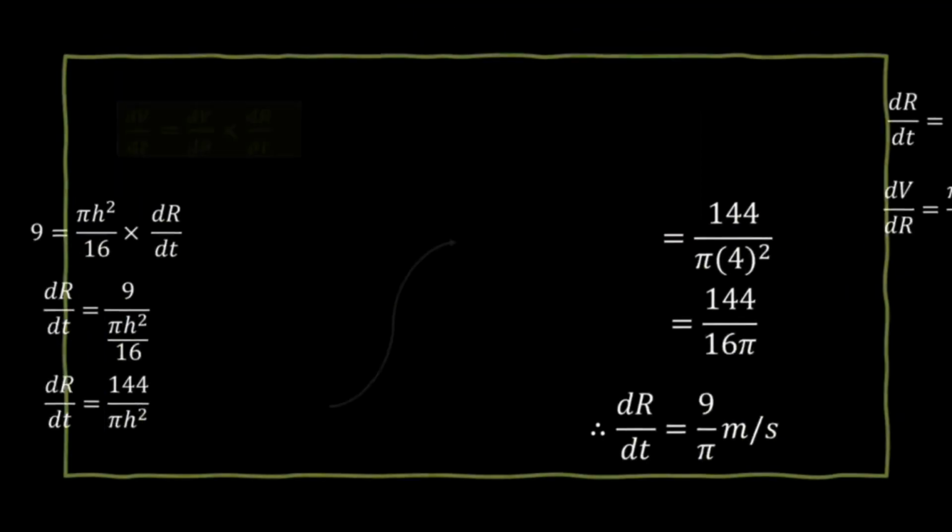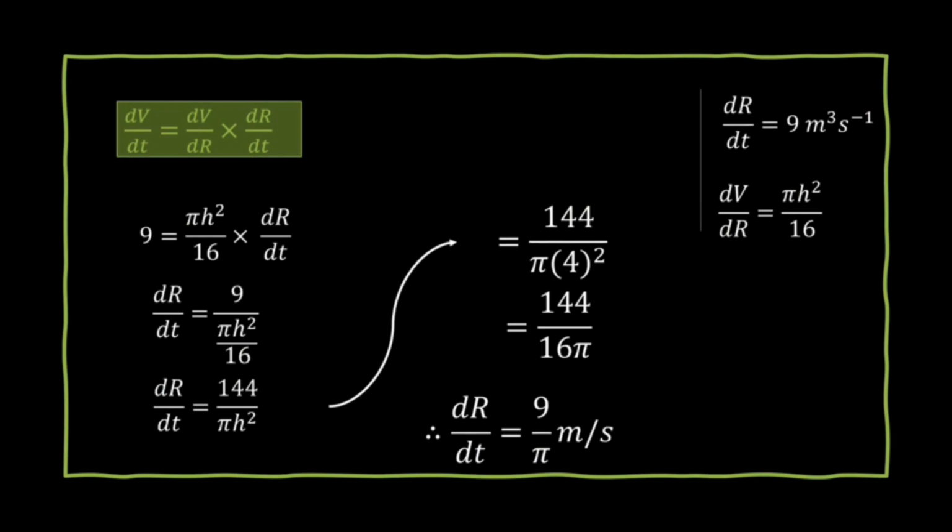Now, using the function dV over dt equals dV over dr multiplied by dr over dt, we can find the rate of water rising level when the water reaches 4 meter deep by searching for dr over dt.